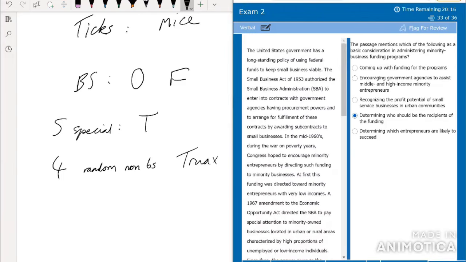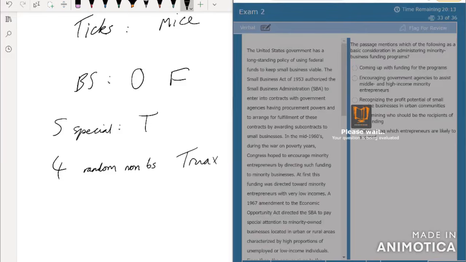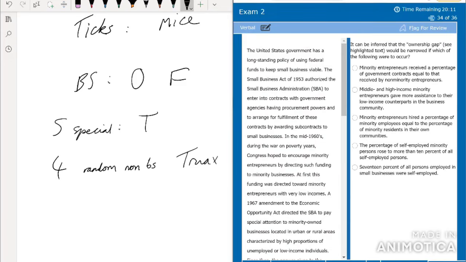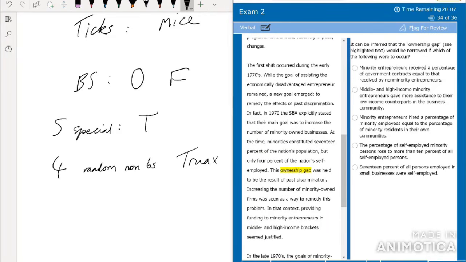So yeah, that's the answer to the first one. We inferred that the ownership gap, where's the highlighted text? We narrowed if which of the following would occur.